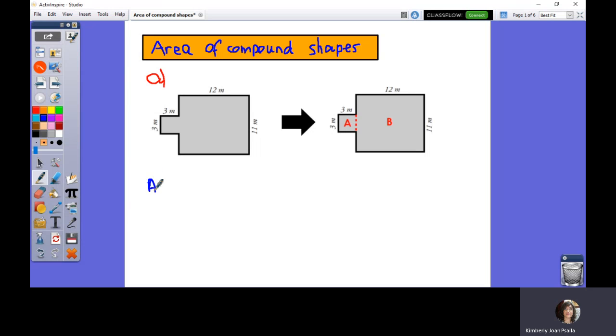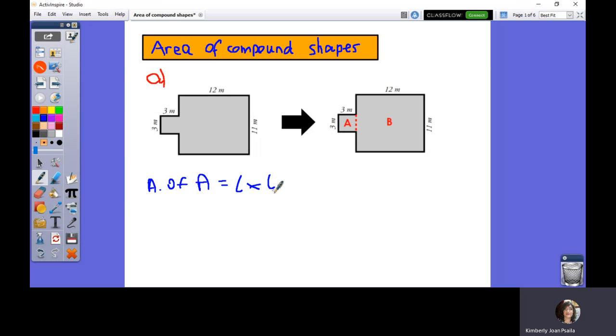Working this out. So area of A, I suggest you always label all the smaller shapes. Area of A is equal to, now here A is a square and we know that the area of a square is found by doing length times length.